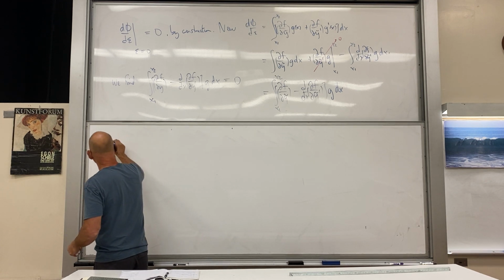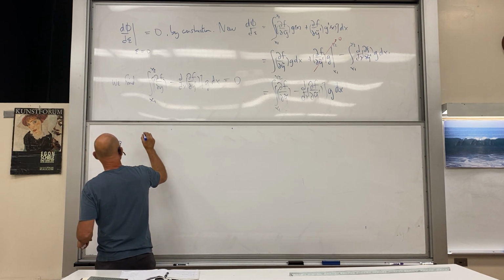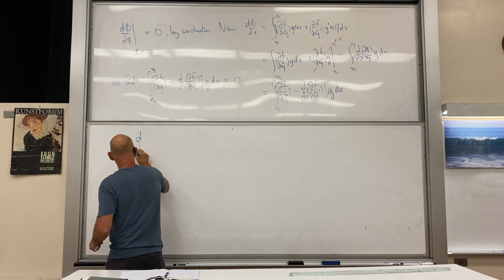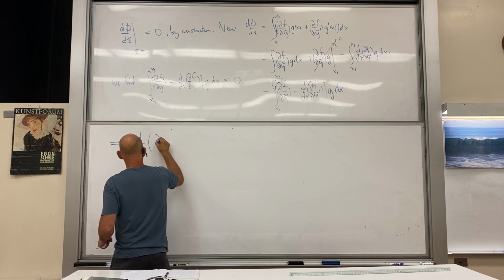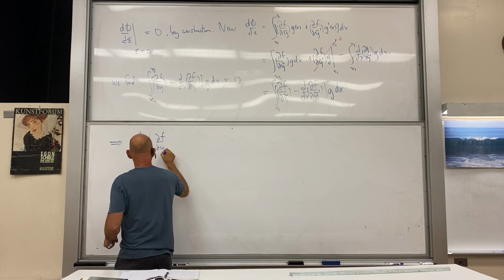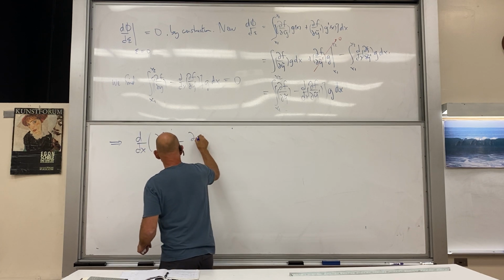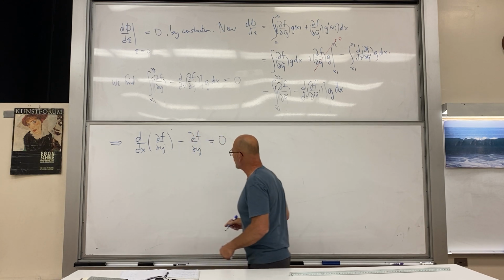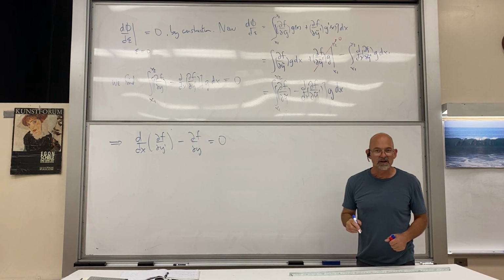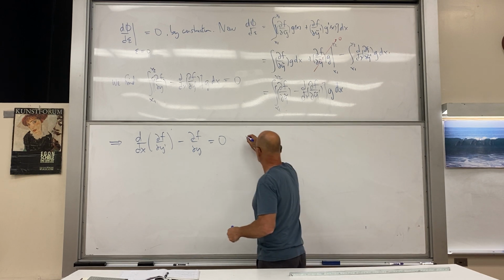But so far we have, and I'm just switching the order in the expression, partial f partial y prime minus partial f partial y equals 0. That's the Euler-Lagrange equation. Euler-Lagrange.